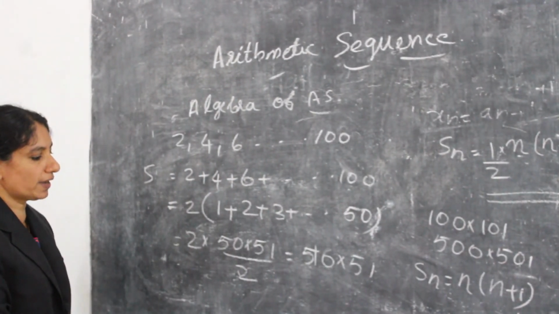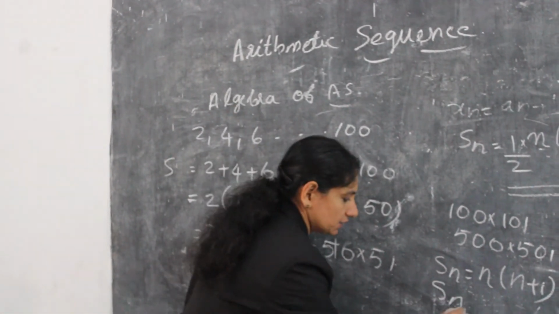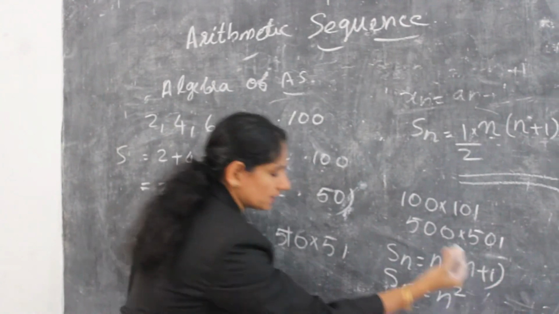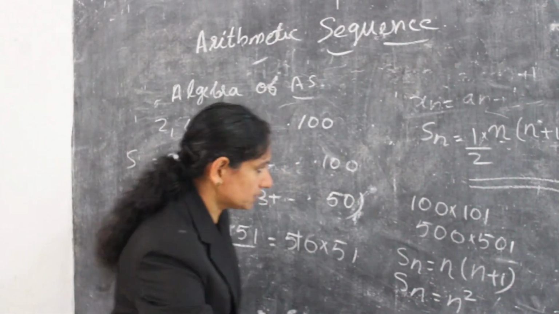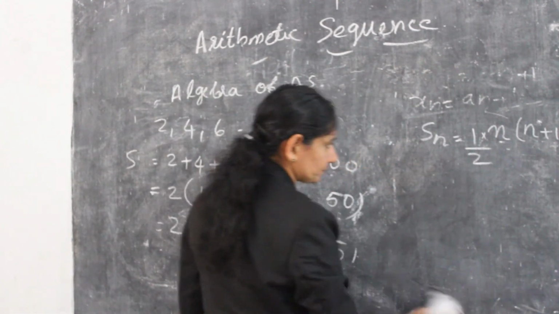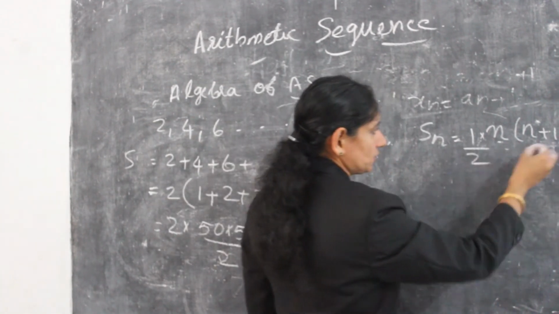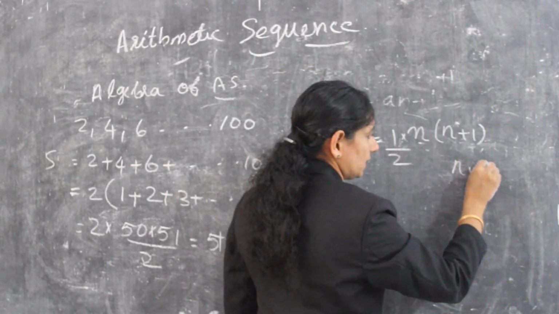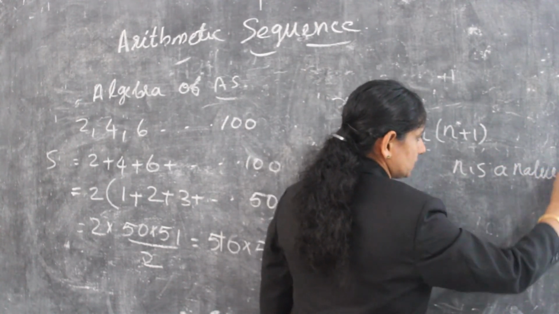Similarly, the sum of n odd numbers is Sn is equal to n square, where n is the number of odd numbers. Then we can conclude that Sn is equal to n into n plus 1 by 2 if n is a natural number.